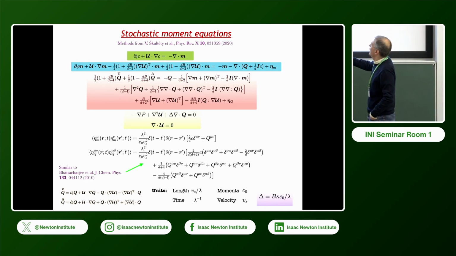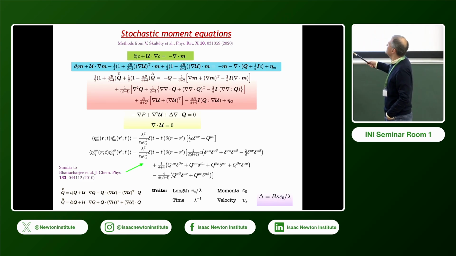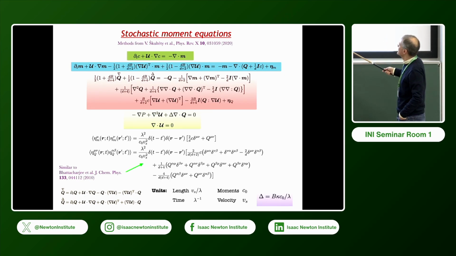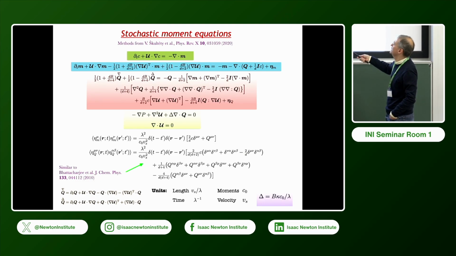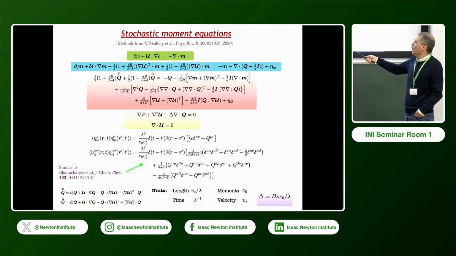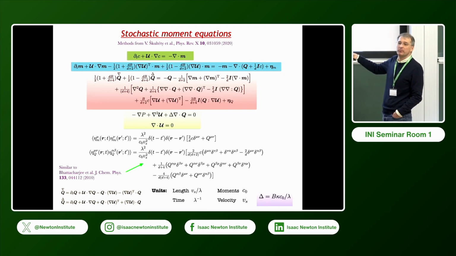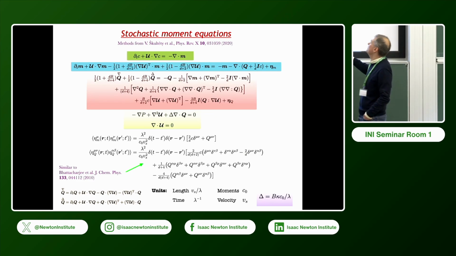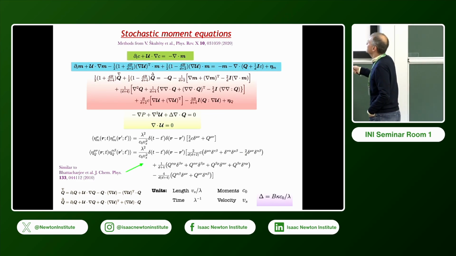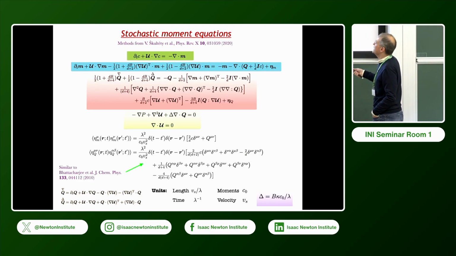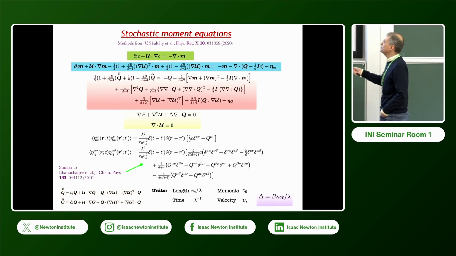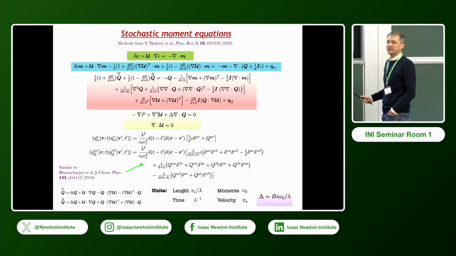So their noise on the polarization and noise on the Q tensor have the same structure, where the prefactor is given essentially by the run length divided by C naught. So this is 1 over the number of particles in a small volume given by the run length, if you wish, in 2 dimensions. And the right-hand side contains their density and the Q tensor in a proper tensorial form.